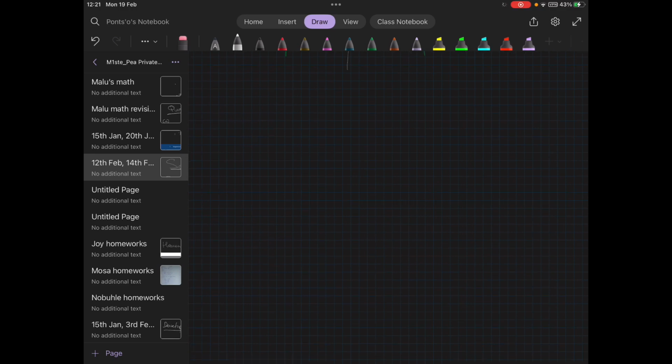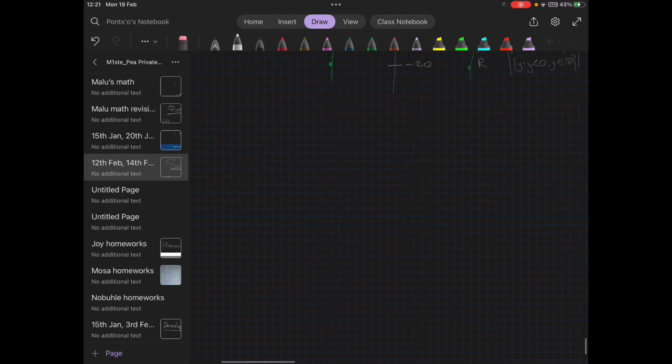Yes, so it's h of x and L of x. We've got h of x is 2x squared plus 4 and L of x is negative 2x squared minus 4.